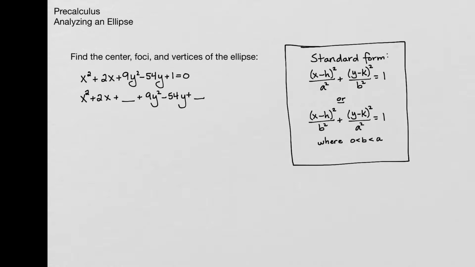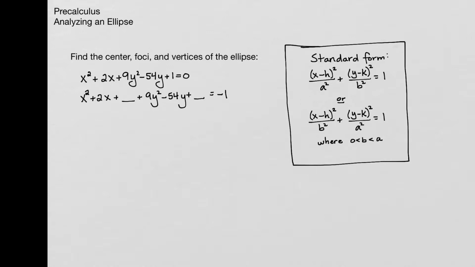And then I'll take my constant term and move that over to the right side of the equation. So I have x squared plus 2x plus blank, fill that in a minute, plus 9y squared minus 54y plus another blank, equals negative 1.